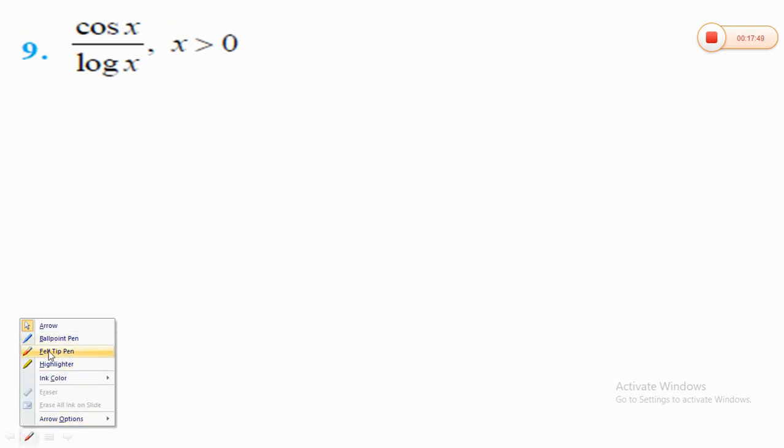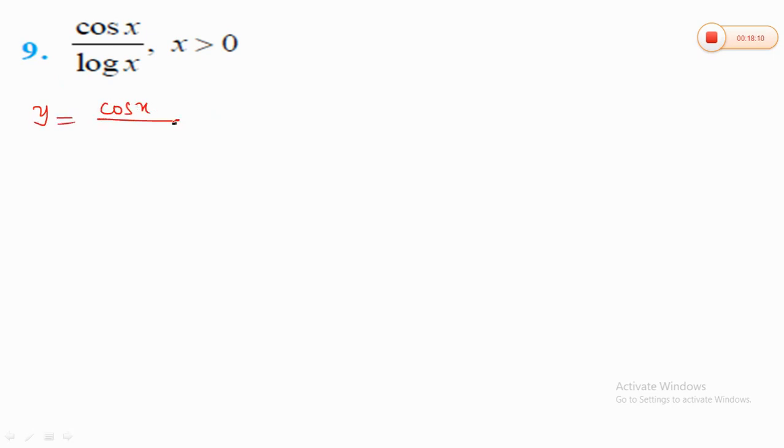Here in this case, cos x upon log x is in f(x) upon g(x) form, quotient form. So write y equal to cos x upon log x. Therefore differentiate with respect to x.